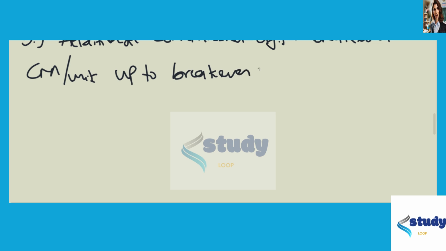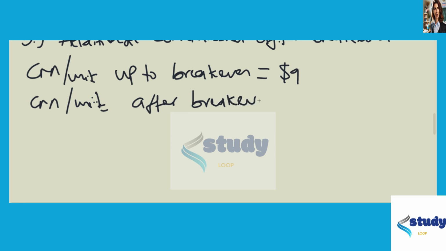So the contribution margin per unit up to break-even is $9, and the contribution margin per unit after break-even is $8.50, right?